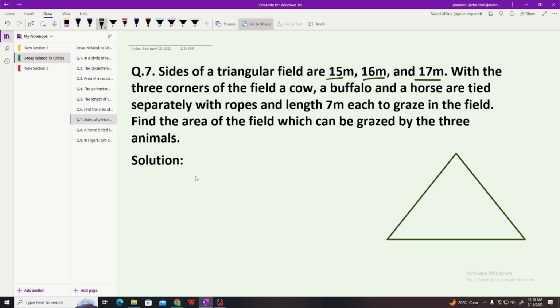So with the three corners of the field, a cow, a buffalo and a horse are tied separately with ropes of length 7 meter each to graze in the field. Find the area of the field which can be grazed by the three animals. So that means, here it is given that all the three animals are tied with a rope of 7 meter.